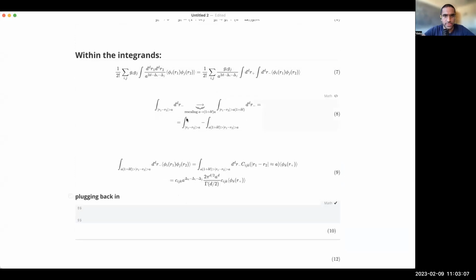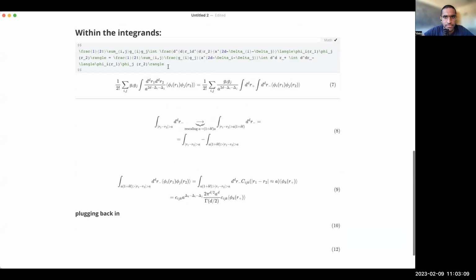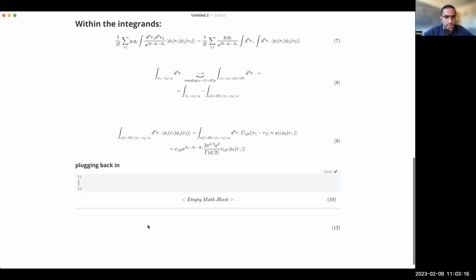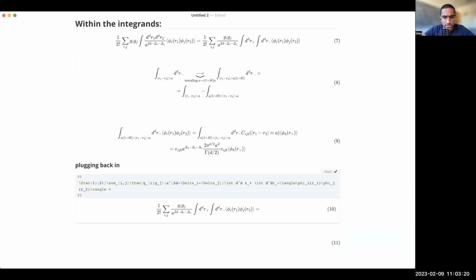I'm going to have, let me just write this. So I have whatever was going on here. So this equals the original integral, right? Minus whatever's going on.